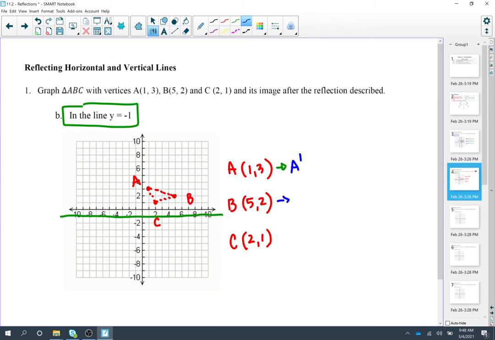A prime, B prime, C prime. If I'm looking at C, C is only 2 units away, so I'm going to go 2 units away, and that's going to be my C prime. B is 1, 2, 3, so I'm going to keep on that line and go 1, 2, 3. And A is 1, 2, 3, 4, so 1, 2, 3, 4 is A prime.